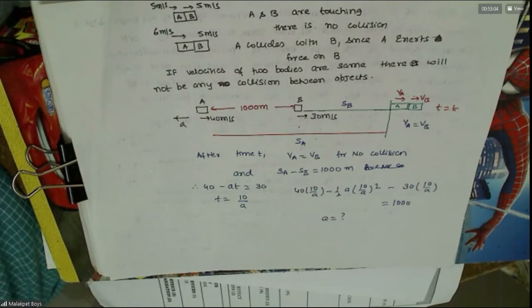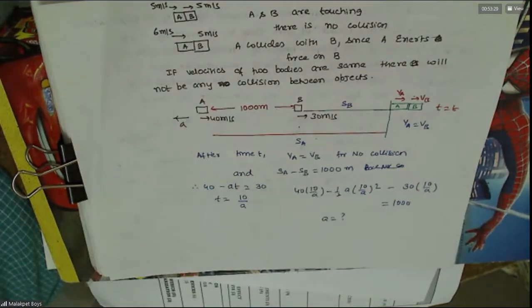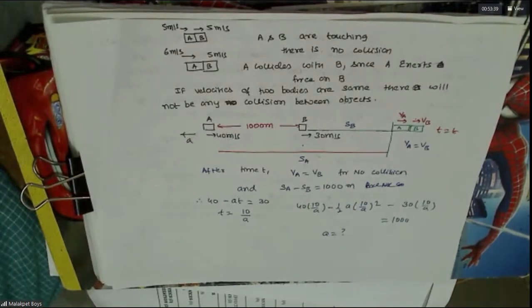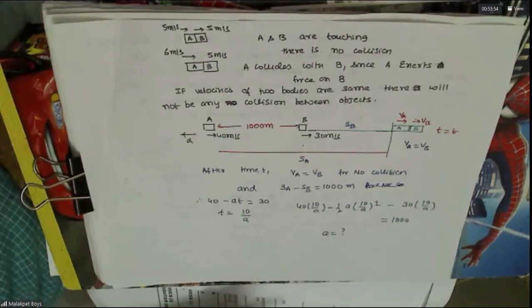Now find out A. Any doubt in this? Minus 7 by 20.